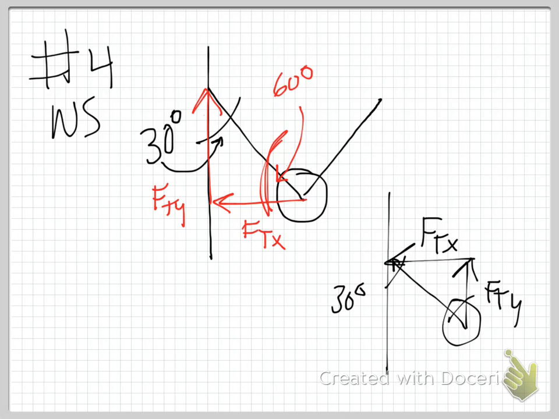Then the y would be cosine of 30. See how that's different? So if this angle's 30, so's that. And if you're using this angle, then your f of ty is your cosine. Okay, that's what I did. Here, if you're using this angle, f of ty is your sine.